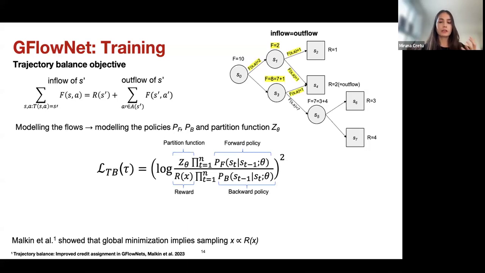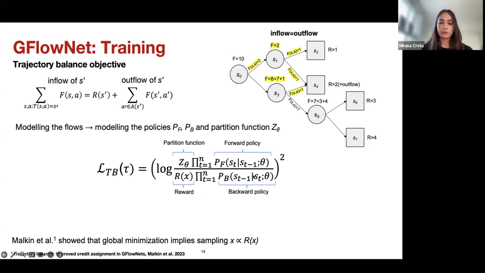And the intuition here is that we want the two policies to match. We want the forward flow in a network to be balanced by the backward flow. And through this loss formulation, we also approximate the partition function, which you can think about as the total flow quantity in the network. So this F equals 10 here, the sum of all of the rewards in the terminal states. And we also define a reward.